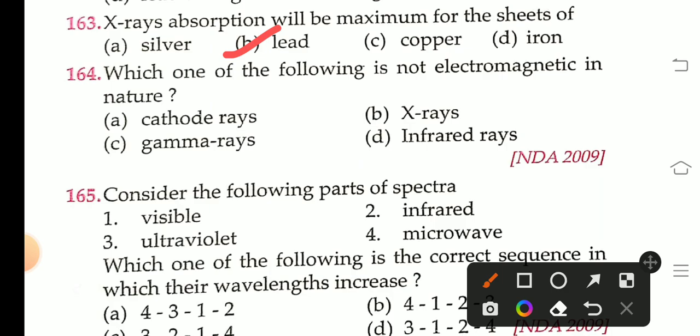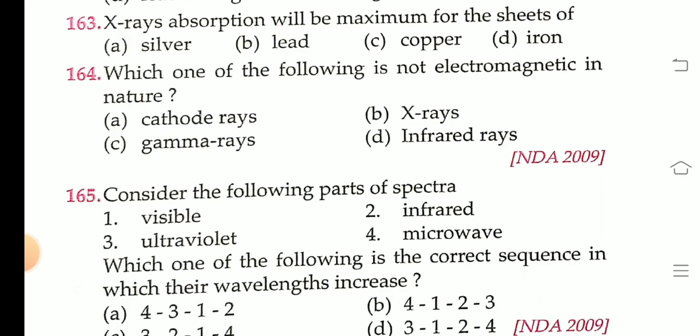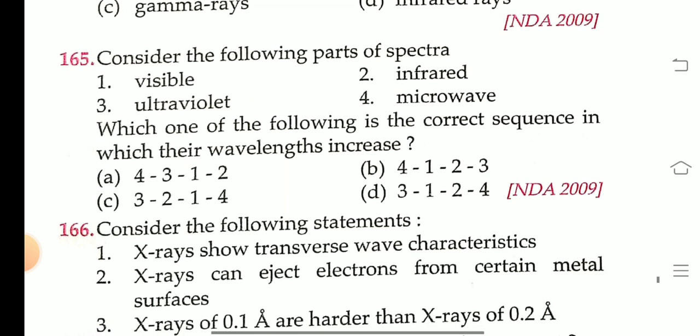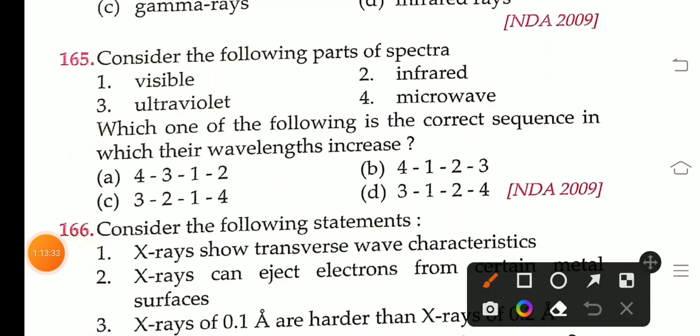Next, which one of the following is not electromagnetic in nature? Right answer will be option A, cathode rays. Next, consider the following parts of spectra: visible, infrared, ultraviolet, microwave.